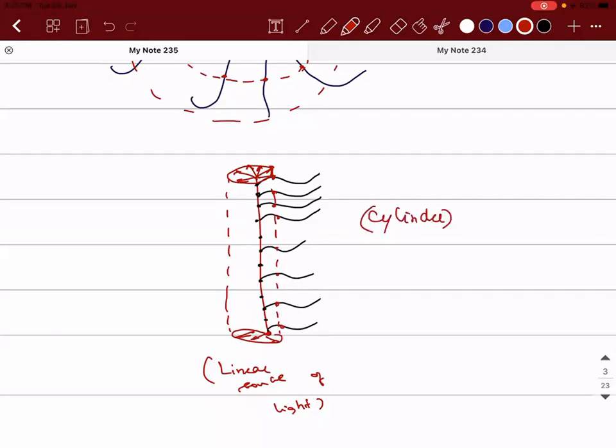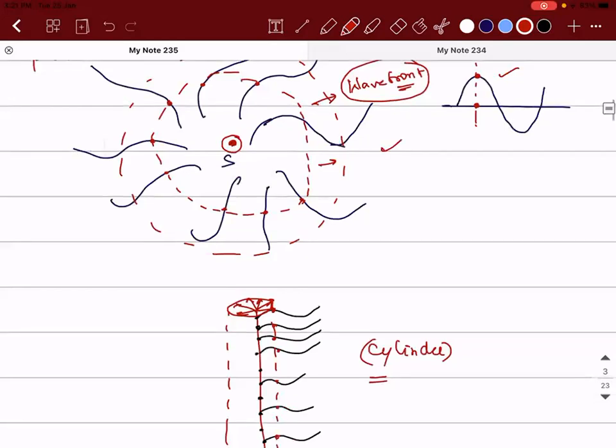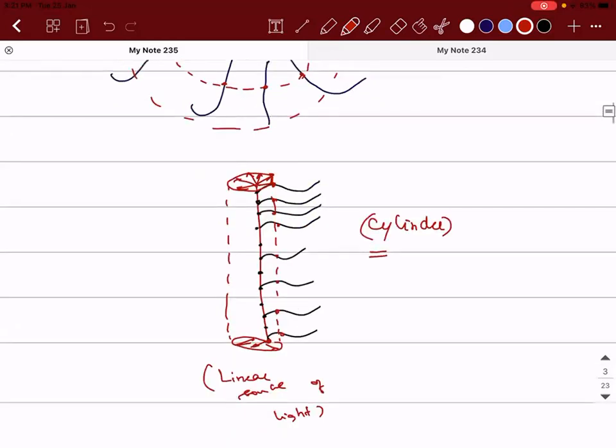What I'm trying to say is, when you have a point source, if the light source is a point source in nature, then the light will start traveling in the form of wavefronts which are spherical in nature. Suppose you have a linear source of light, then the light will start traveling in the form of a cylinder.